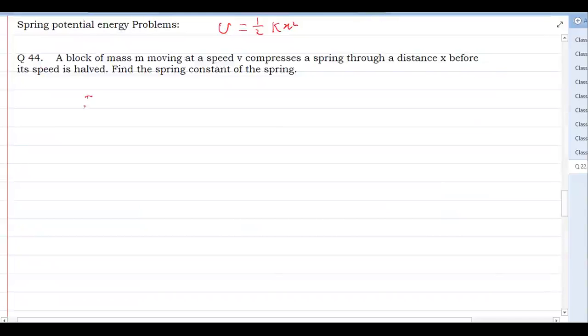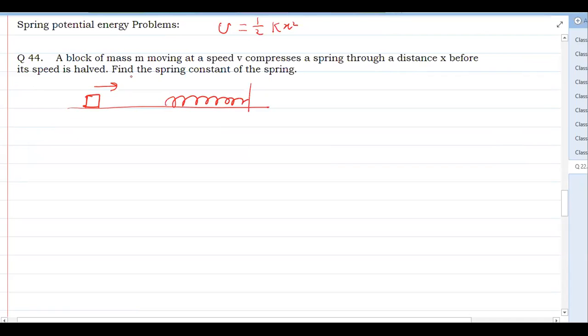So a block is moving. Suppose a block is moving, and a spring is there. After striking the spring, it compresses it. The block of mass m moving with speed v compresses the spring through a distance x before its speed is halved.